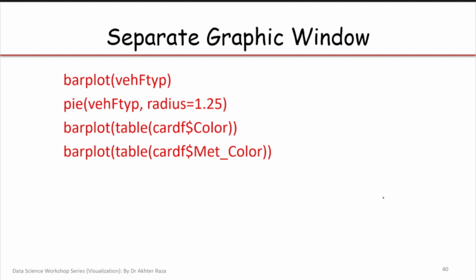Four commands: bar plot of fuel type, pie chart of fuel type, bar plot of the table, and the bar plot with color. These subsequent 4 commands will display the output in the previously created new window by X11 and bifurcate it into the 4 segments.